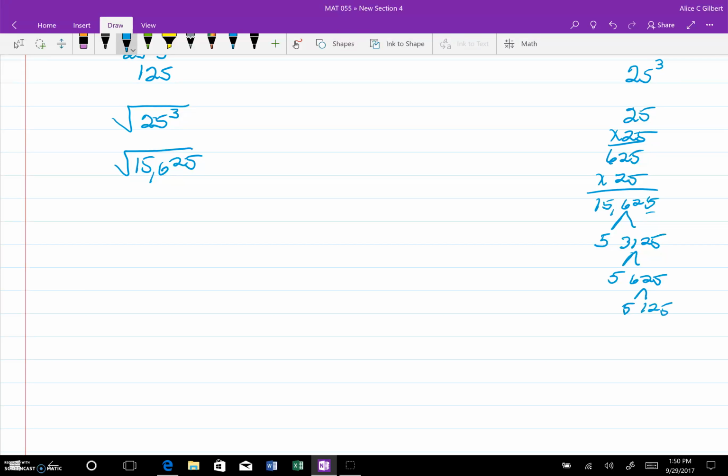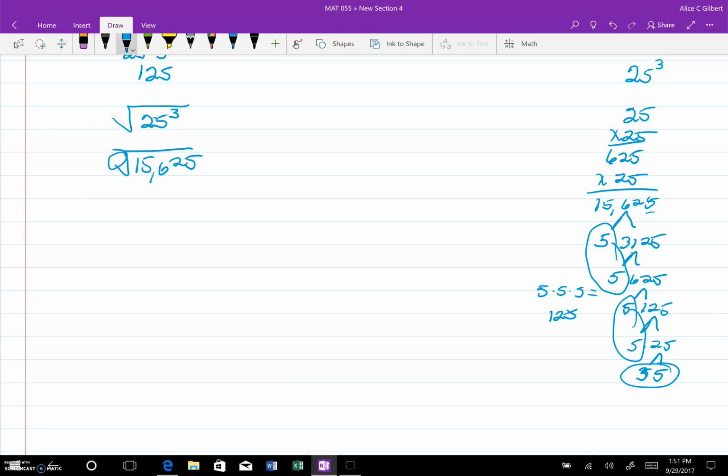I'm just trying to find out what the square root of 15,625 is. Oops, 5 times 5. And my index tells me that I have to have groupings of 2. Everybody got circled, so I take 1, 5 from each of these. 5 times 5 times 5 is 125.